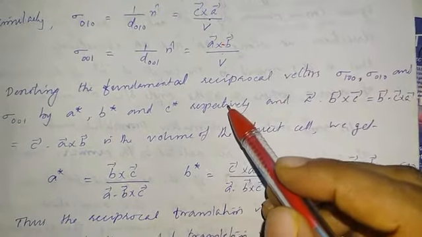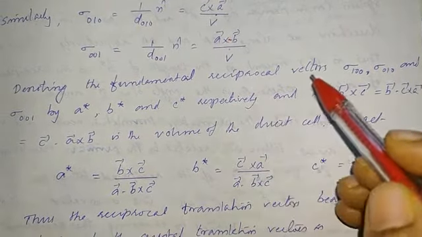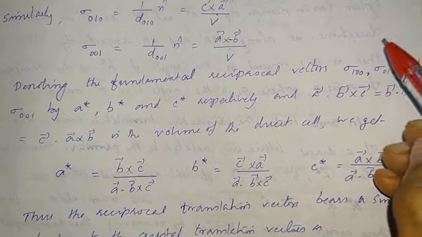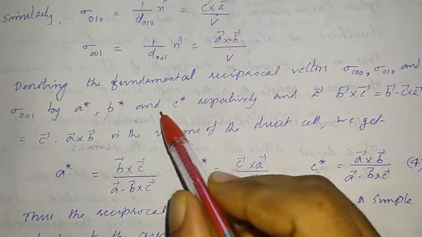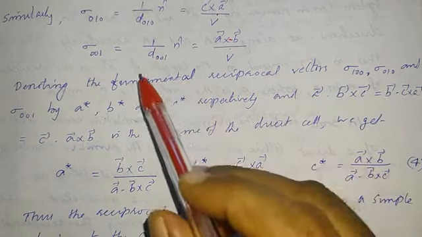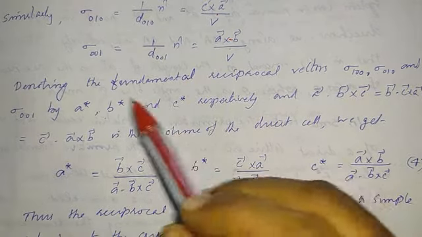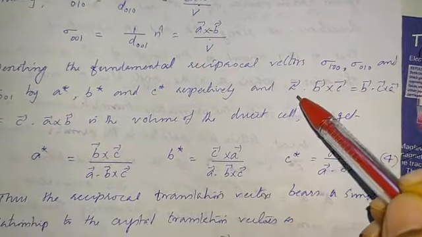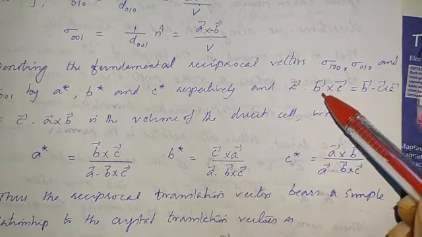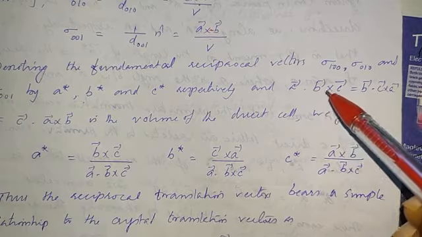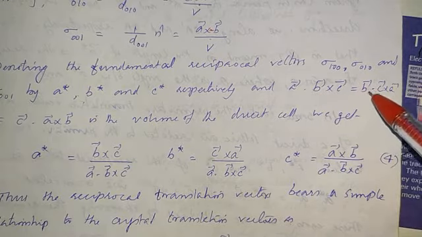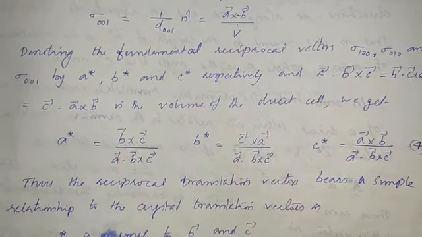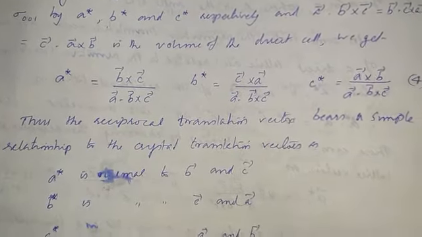So in the reciprocal lattice system we are representing the vectors as a star, b star and c star in order to distinguish these two types of vectors. And the volume of the original lattice unit cell is a dot b cross c, which is equal to b dot c cross a, and again equal to c dot a cross b, that we know.